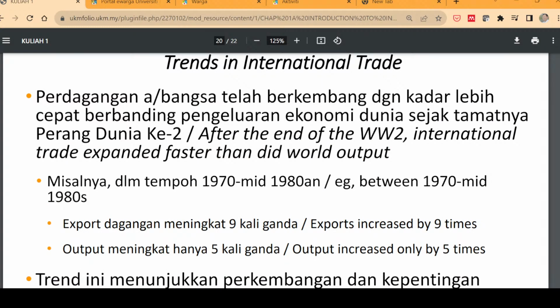Between the mid-70s and the 1980s, exports of goods and services increased 9 times, whereas output, the world economy, increased only by 5 times. So there's another fact you must know.